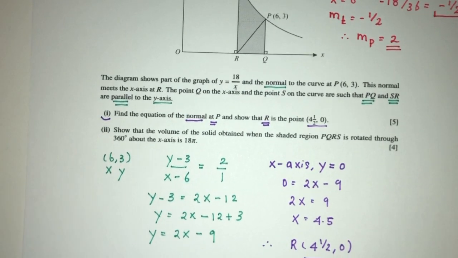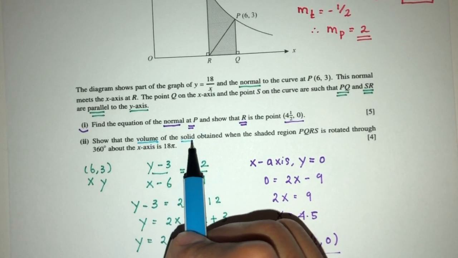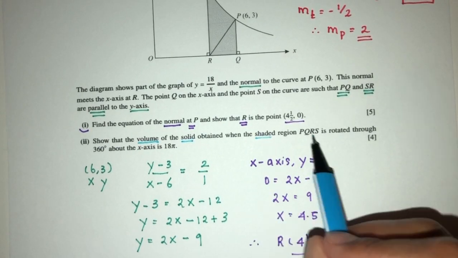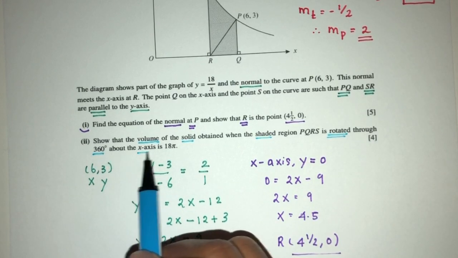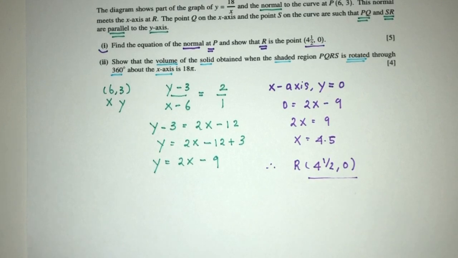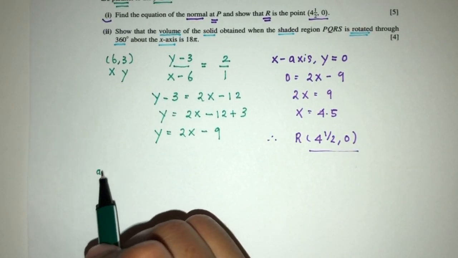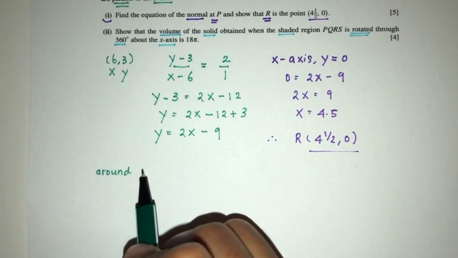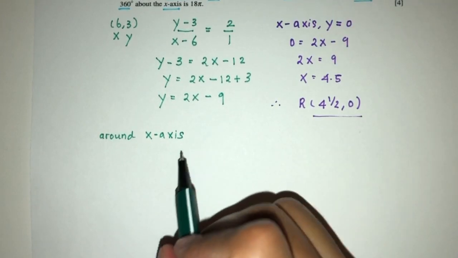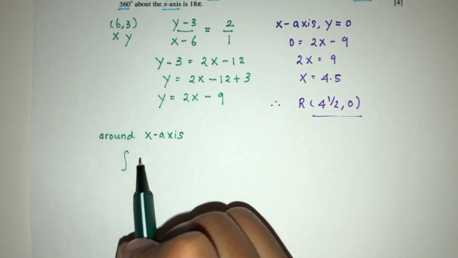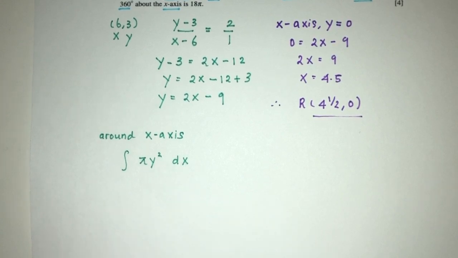Now let's move on to part 2 of the question. We have to show the volume of the solid obtained when the region is rotated through 360 degrees about the x-axis. Now again, we have to know by definition or by memorization, when you rotate around the x-axis, we have to use this formula, which is the integration, and that will be pi y squared with respect to dx.